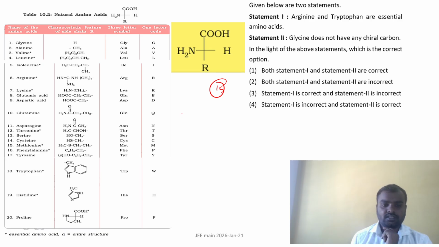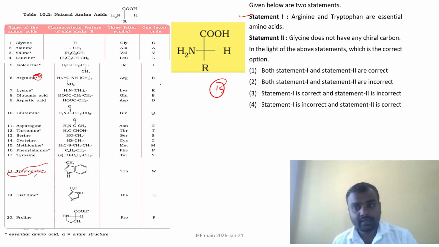Arginine is here, the star mark is there, so it is an essential amino acid. Tryptophan is here, the 18th one, also an essential amino acid. That means statement one is right.